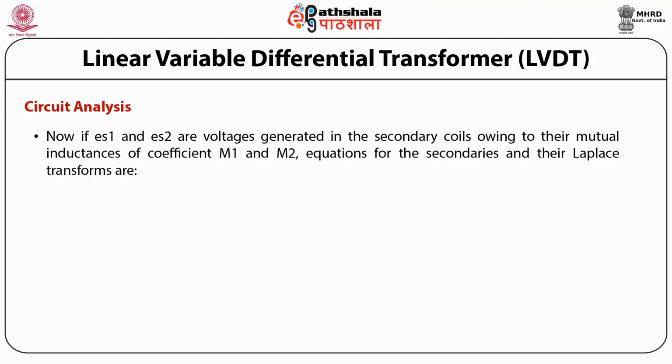Now if small es1 and small es2 are the voltages generated in the secondary coils owing to their mutual inductances of coefficients M1 and M2, the equations for the secondaries and their Laplace transforms are es1 equal to M1 dIp by dt, es2 equal to M2 dIp by dt.